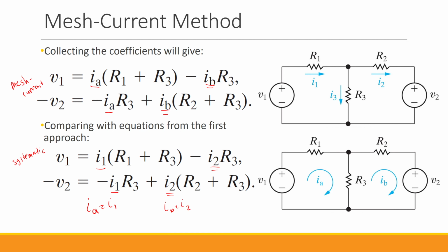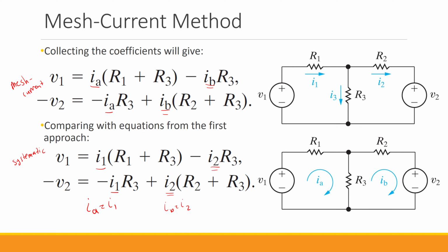So that means that solving the circuit using the mesh current method gives basically the same result as the systematic approach, but with fewer steps for calculating the equations. Of course, here we have a very basic circuit.